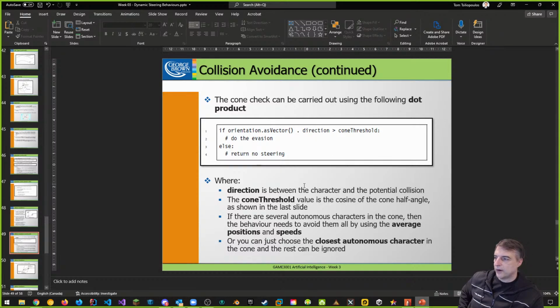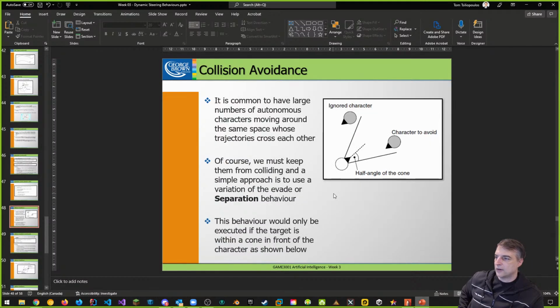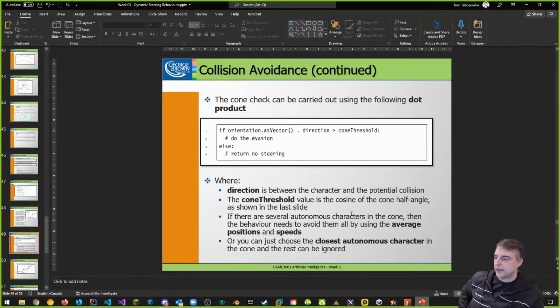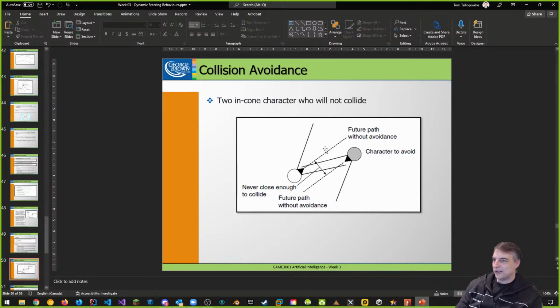That's the direction, and the cone threshold value is the cosine of the cone half angle, as shown in the last slide. It's the half angle. And if there are several autonomous characters in the cone, then the behavior needs to avoid them all by using the average positions and speeds. So if I have an average position, I can figure out where a clump of enemies are and their average speeds, and calculate where I don't want to be based on where they are. So that's collision avoidance.